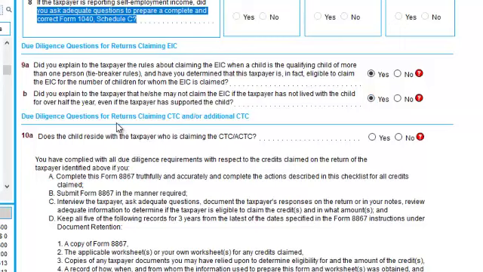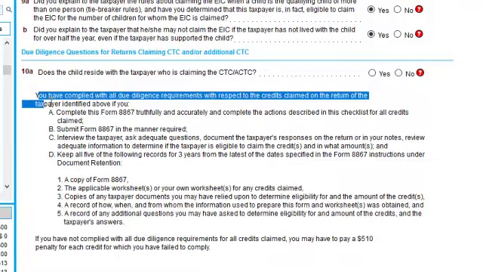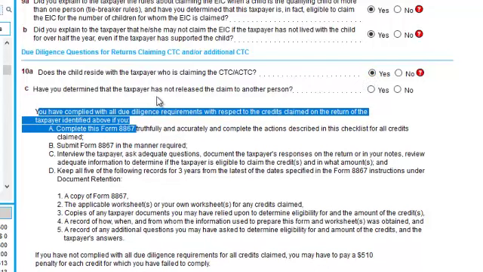Due diligence questions for the return claiming EIC and additional EIC. Basically, this is saying down here, did we do the Form 8867, which we're doing now, and we're going to hit yes. Did the child reside with the taxpayer who's claiming? Yes. And have you determined that the taxpayer has not released a claim to another person? We're going to say yes. We're going to ask them, anybody else claim this child?